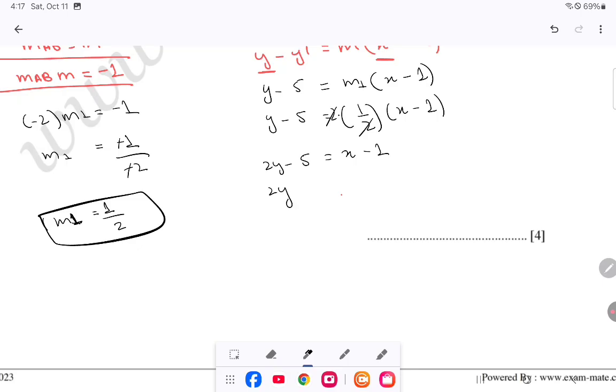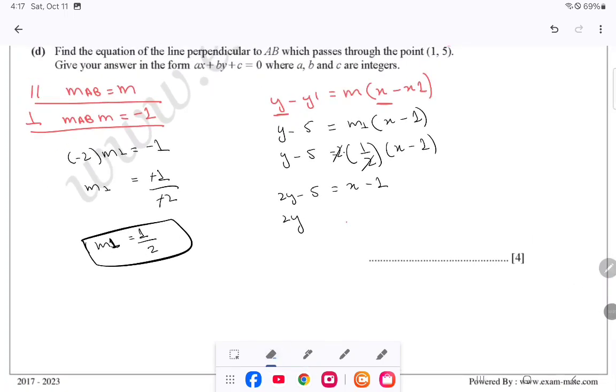2y, sorry, we multiply both sides by 2. So 5 into 2 will be 10.